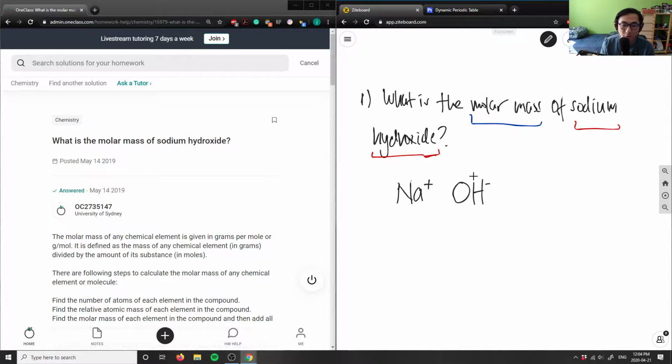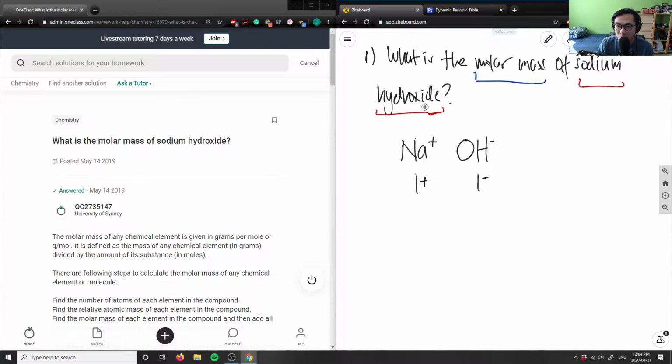So Na+ and OH-, the charge here is 1+ and this is 1-, which means I will need one of each polyatomic to satisfy the charges. Therefore my chemical formula for sodium hydroxide is NaOH.